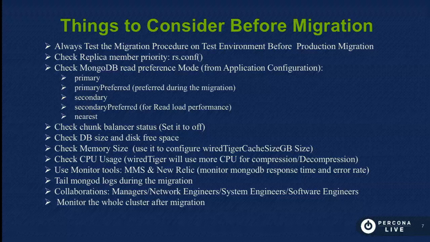Always tail the Mongo logs during the migration. The MongoDB log gives you a lot of information. It will tell you about the data copy process, the index building process, etc. All of that information is in the Mongo log. Tailing the Mongo log gives you more information about the process and Mongo's internal workings.